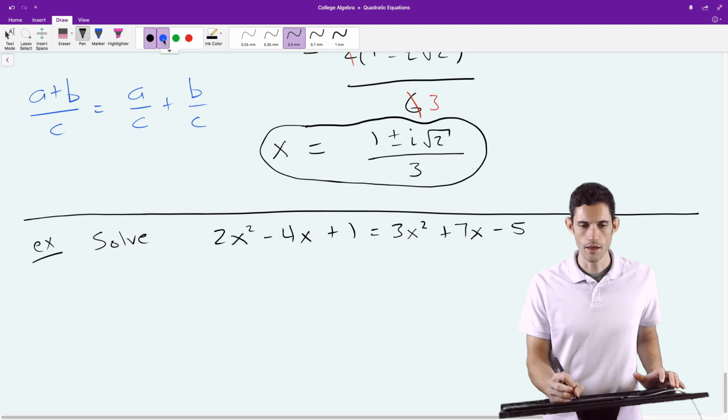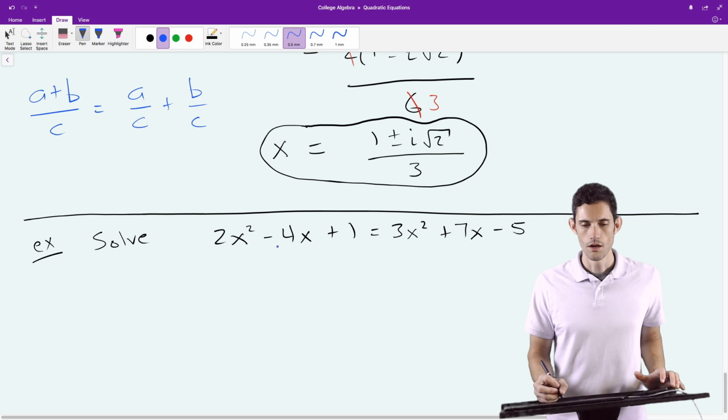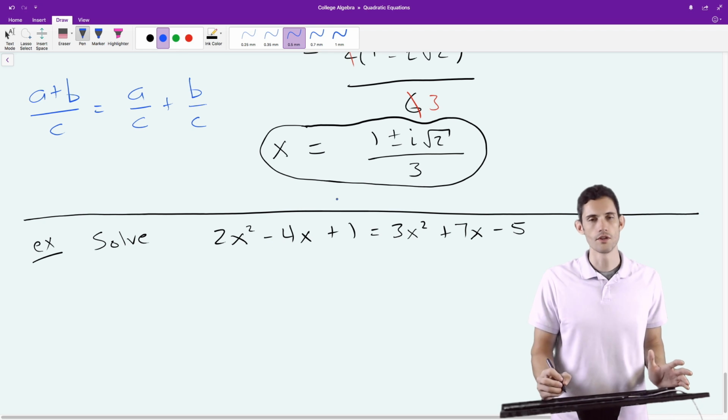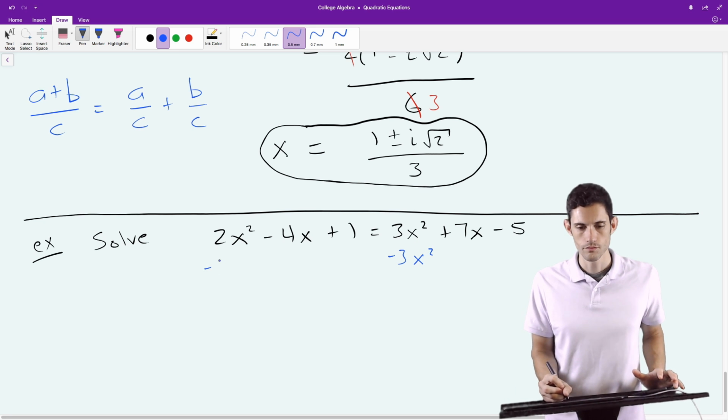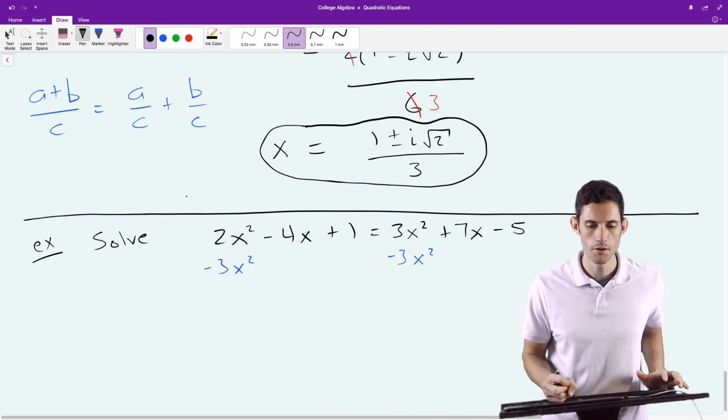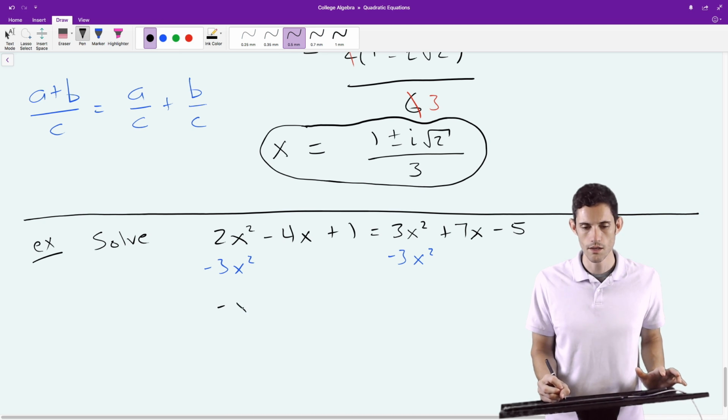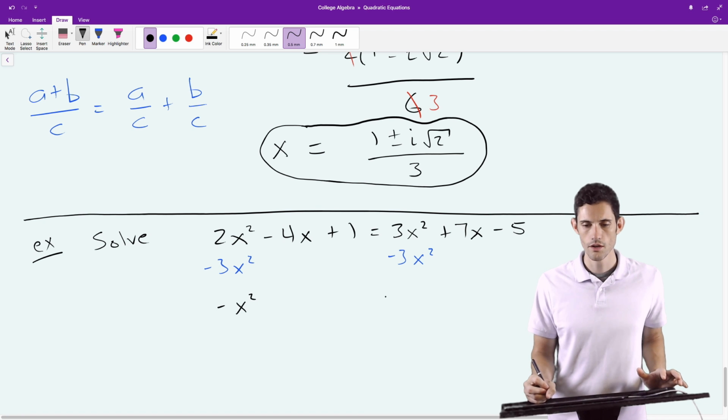So let's just do a little math here. The formula has everything on the left-hand side equal to 0, so I'm going to put everything on the left-hand side. So I'm going to subtract 3x squared from both sides. This is called combining like terms, so I'm combining all the x squareds together. I'll leave everything else alone for this step.